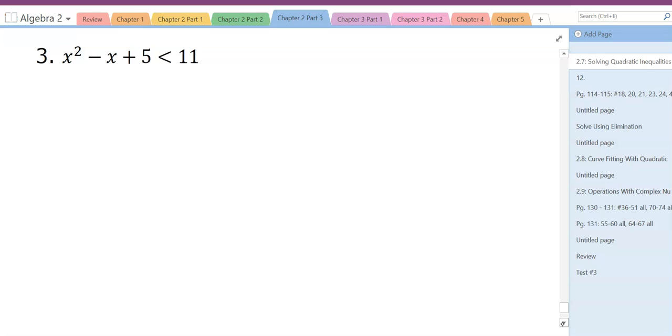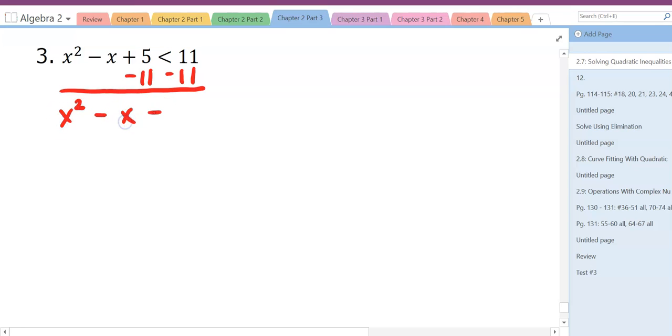So the first thing I would have done is moved your 11 by subtracting it so that you can set it equal to 0. So it says x squared minus x minus 6 equals 0. How would you factor this one? Good. Minus 3 plus 2.